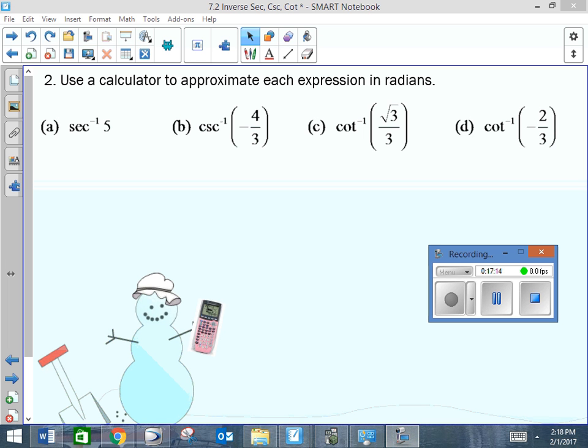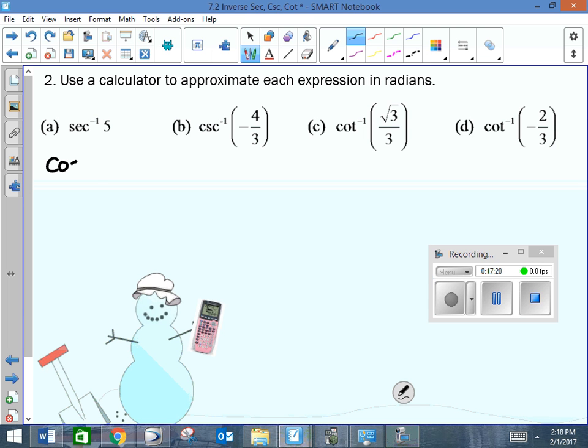What did you actually put in your calculator for this problem, Melanie? Inverse cosine. Very good. Okay, now if you have it set up right, your answer should be, in radians, 1.369. Okay? You don't have to say radians because it's assumed. All right, very good, Melanie.